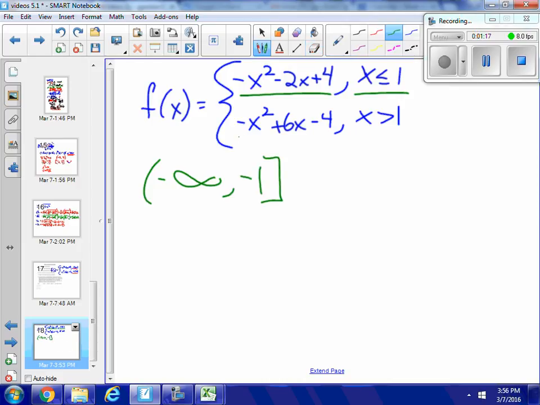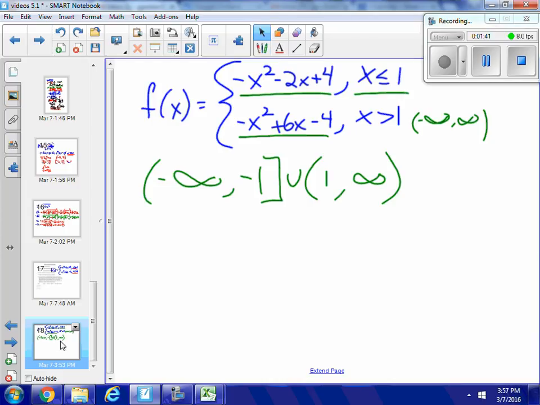Now I'm looking at this piece, and it's also a polynomial. So again, the same thing: no denominators with variables, no radical signs with variables in the radicand that have an even index, no logarithms. So the domain of this piece is negative infinity to infinity. What we have here is a domain of negative infinity all the way to infinity.